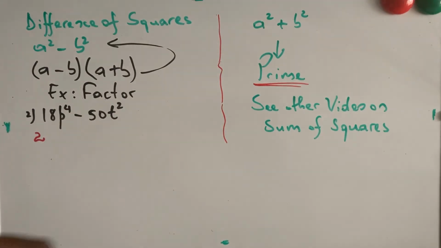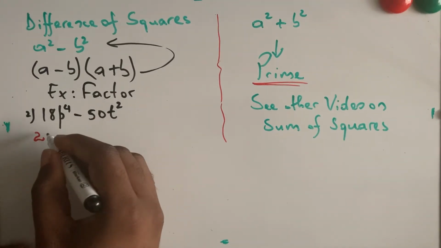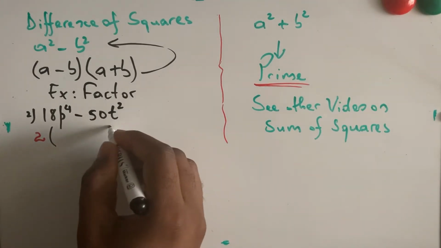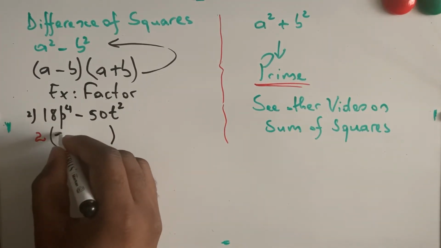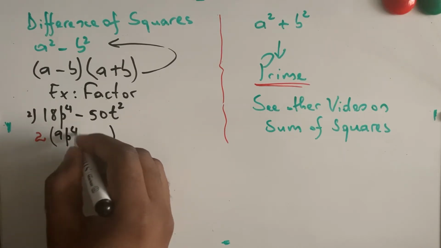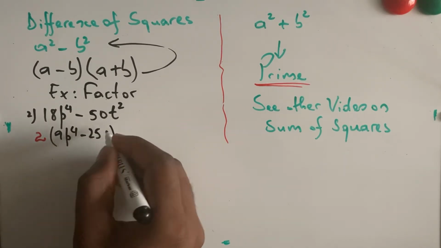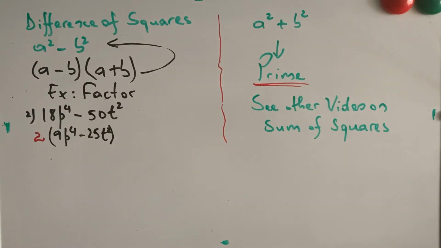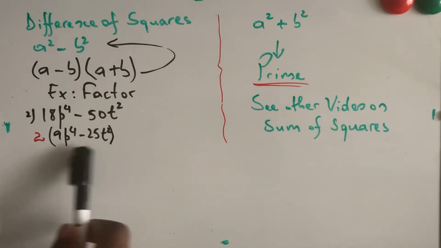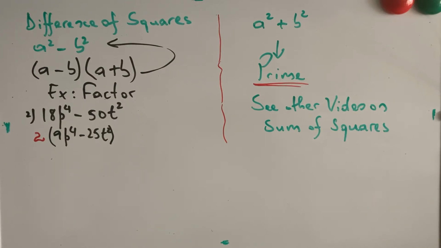Factor it out. After you factor 2 out, you will have 9p to the 4th minus 25t squared. And when you check what you have here in parentheses, you realize that 9 is a perfect square because that's 3 times 3.